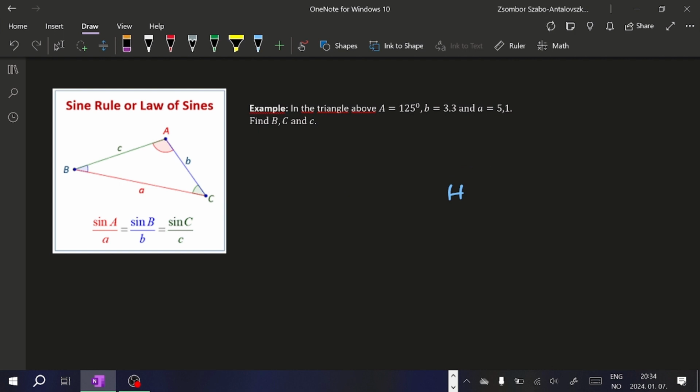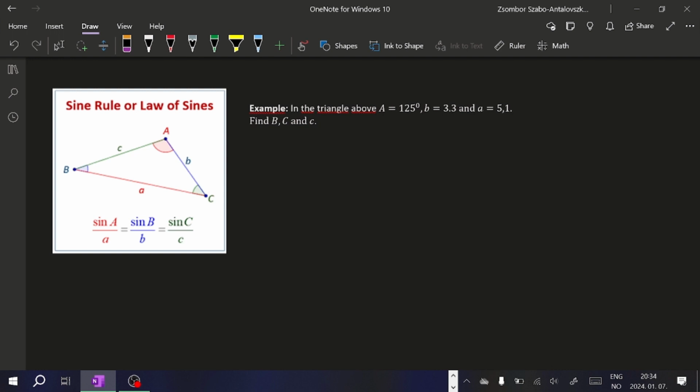But what if we want to find sides or angles of a non-right angle triangle? Well, that's when the sine rule comes into the picture, and the cosine rule, which is going to be another video on its own.